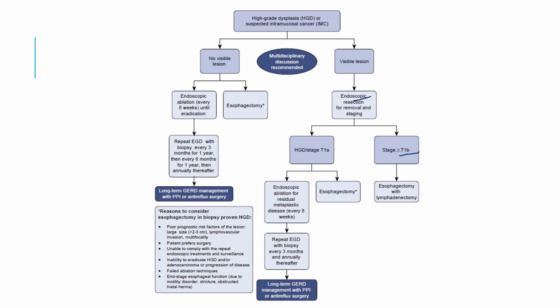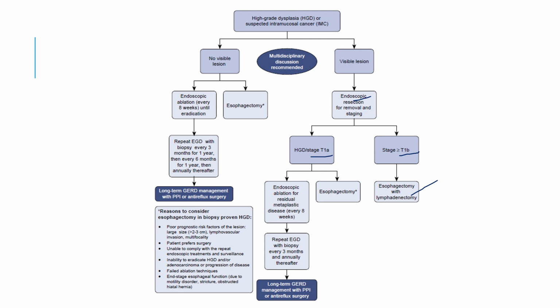When you are taking a biopsy, it is important that you take both the mucosa and submucosa. Then only you can identify the depth of invasion, because that determines the management. So if there is a visible lesion, you do an endoscopic resection. You stage the disease. If it's more than T1b, which means submucosal involvement, you go for esophagectomy with lymphadenectomy.